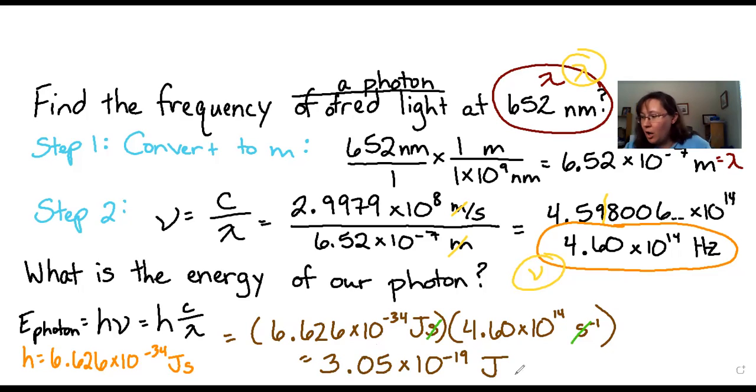So it's very small. If you remember all those values we were getting in chapter 6, you'll think, oh, wow, this is really, really tiny. And it is very small.